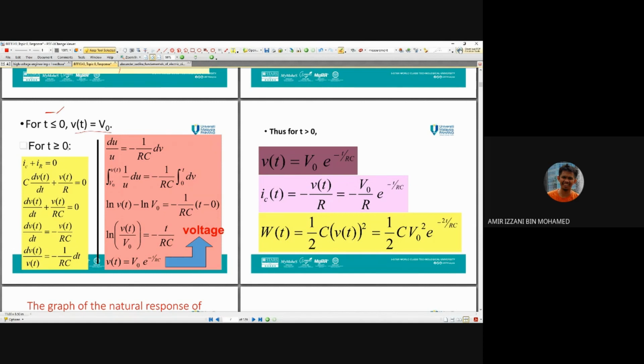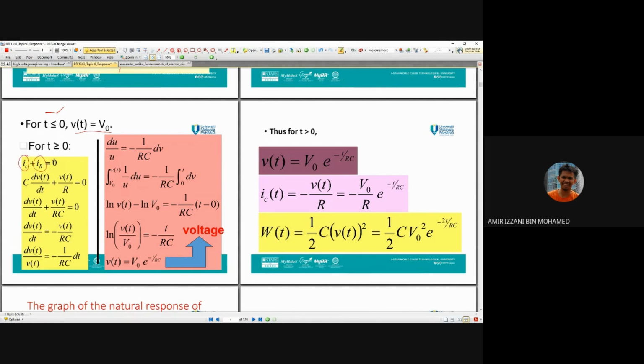So after 0, how will the voltage equation change? After 0, there's no more voltage source, so we only consider the current at the capacitor and the resistor.